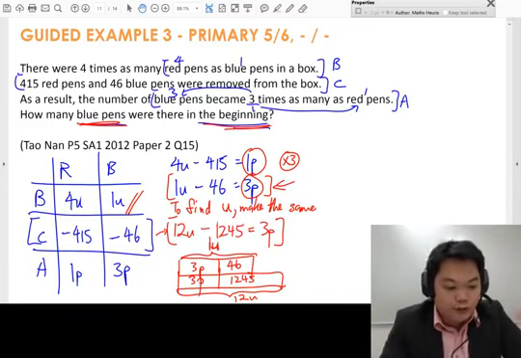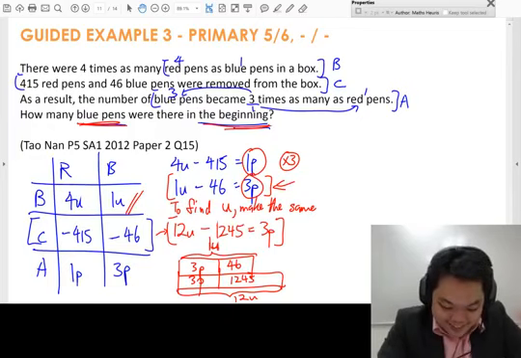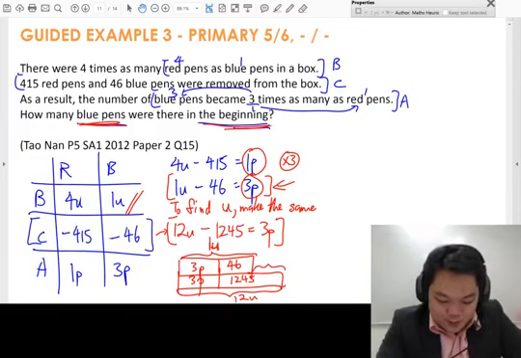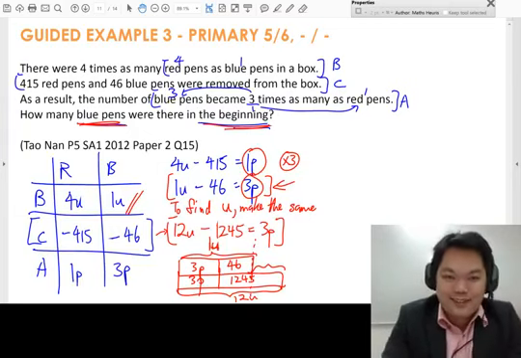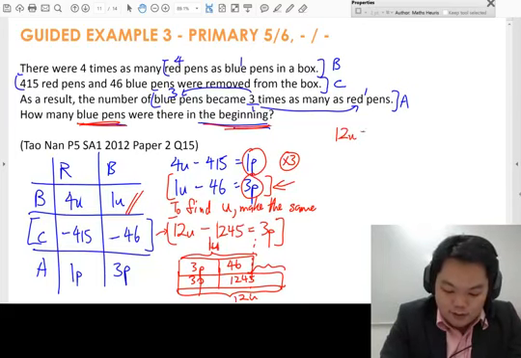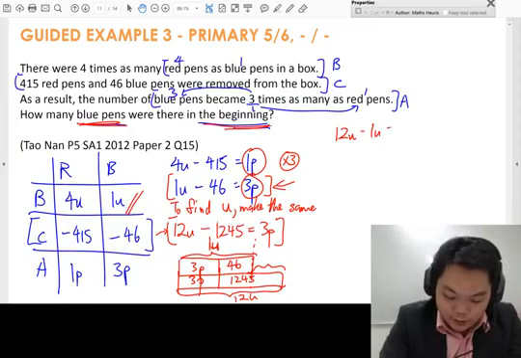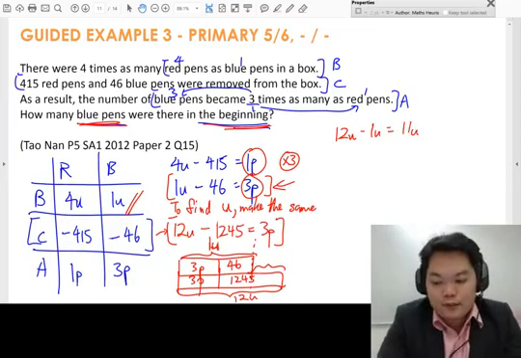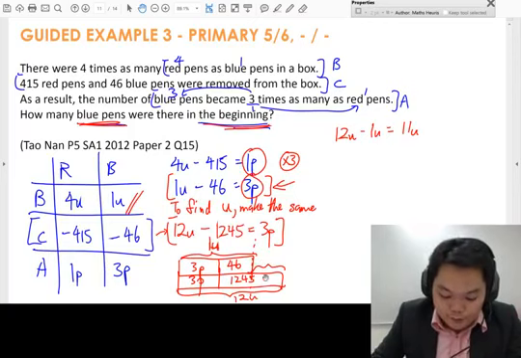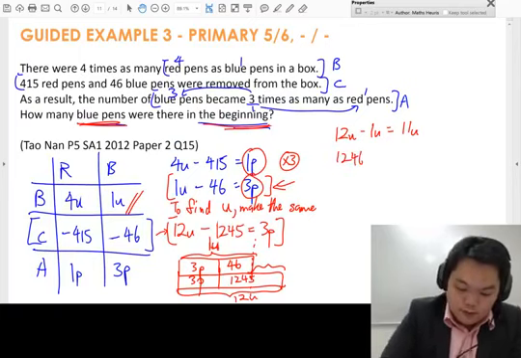So once you got that, well, some of you are really quick, Angela and Sharon. Once you got that, you can compare between units with units, numbers with numbers, and then 12u, get rid of that 1 unit on the left, will give you 11 units. That 11 units is made up of 1245 minus 46.